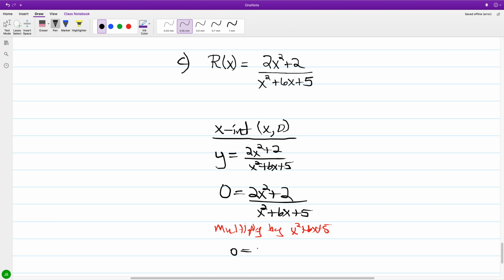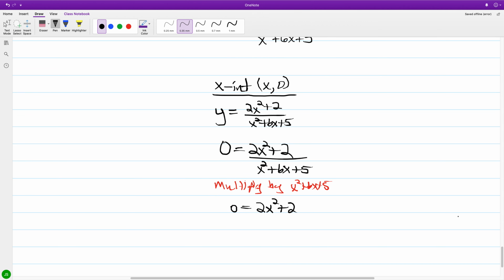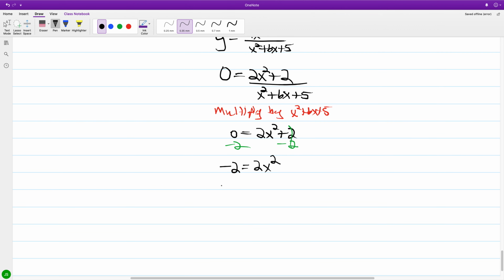If I take 2 away from both sides, we have negative 2 is equal to 2x squared. Dividing by 2, we have negative 1 is equal to x squared, or conversely, x squared is equal to negative 1.